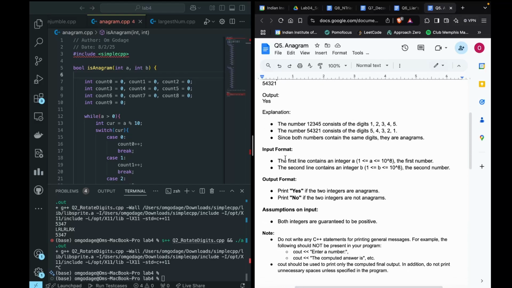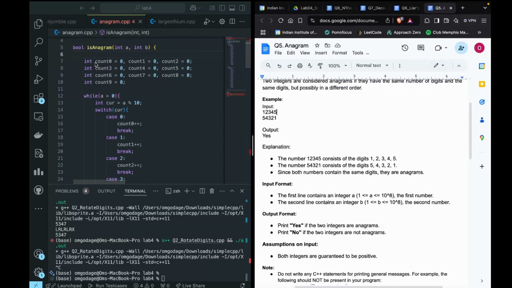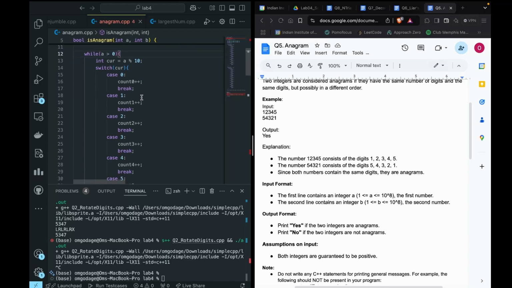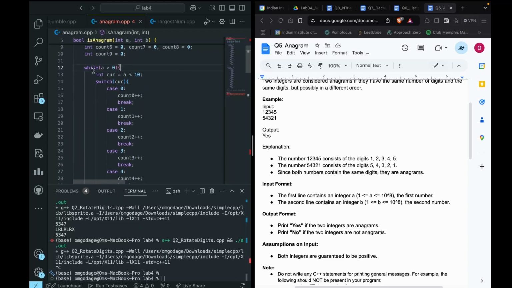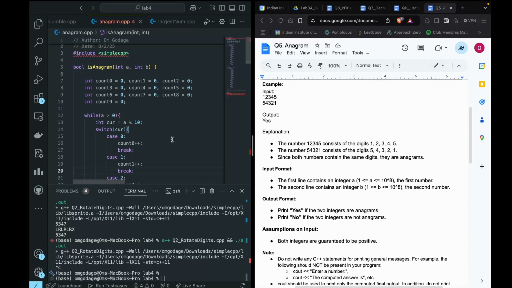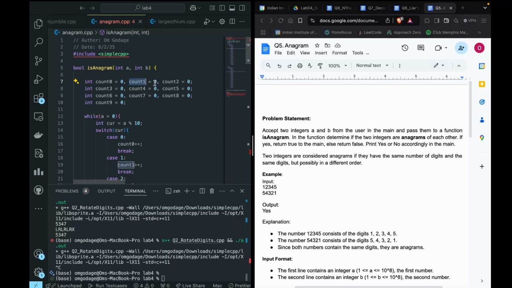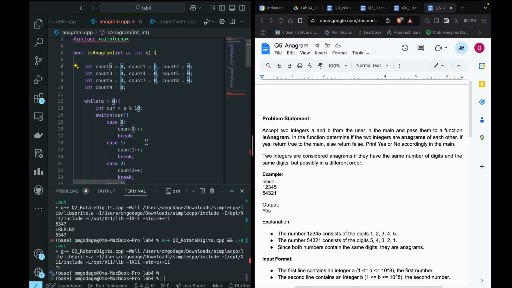Another solution for this question is to keep 10 variables. You'll have 10 different variables keeping the count of a particular digit. So count 0 stores how many times 0 came in a number, then count 1 stores how many times 1 came in the number, and so on.